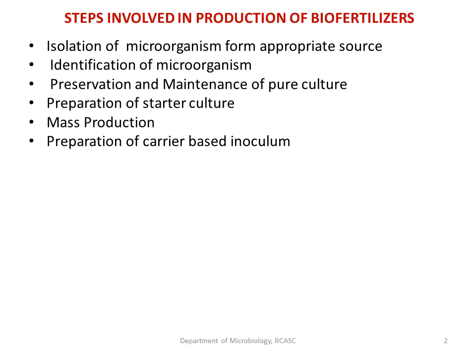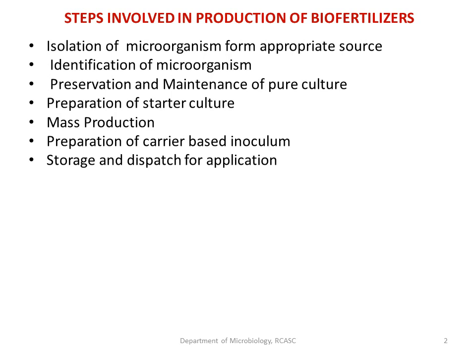Such carrier bases can be used, or liquid biofertilizers, liquid formulations, can also be provided for application onto the field. And finally, once they have been prepared, they have to be stored in appropriate condition and temperature. And finally, those biofertilizers have to be packed and dispatched for application onto the field.